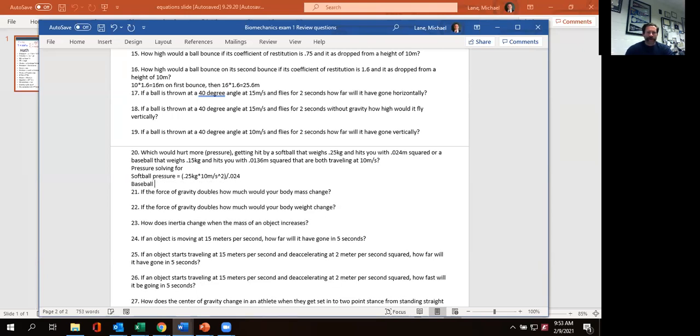So baseball pressure is going to be equal to 0.15 kg times again that 10 meters per second squared deceleration we're going to have when it hits. And this one is going to be divided by a grand total of 0.0136.